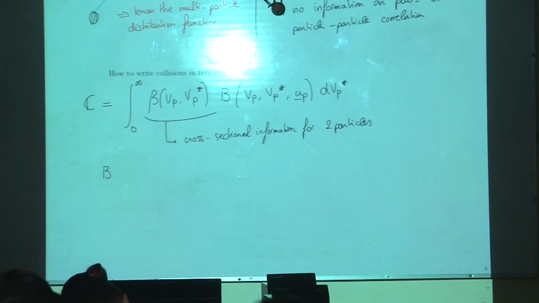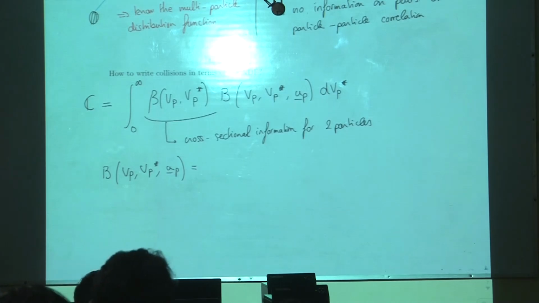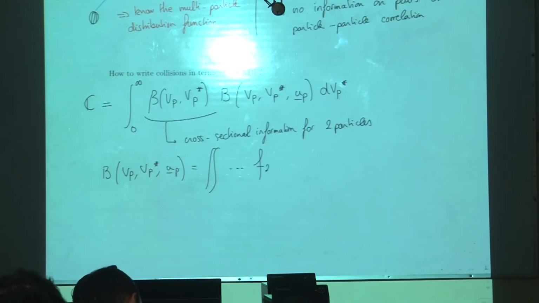So let me write this out explicitly, and then we'll talk about how one could hope to model this if you only have access to the NDF. So this would be obtained, there's a number of things contained here, from integrating the pair distribution function, which is the next level from the NDF. The NDF is the probability of finding one particle with a certain volume, certain velocity, at a certain position.